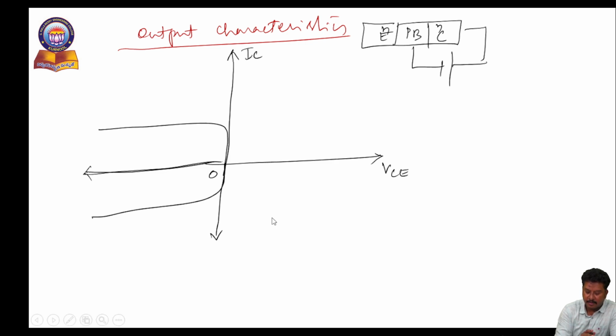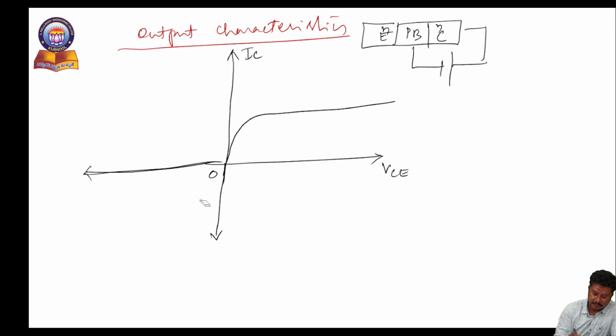And finally, I want to fold it so that everything is in the positive quadrant for our understanding purpose. We are getting the characteristics like this. So finally, the output characteristics of a transistor will be visualized like this. These are the output characteristics of a transistor. Especially these characteristics are nothing but diode characteristics.